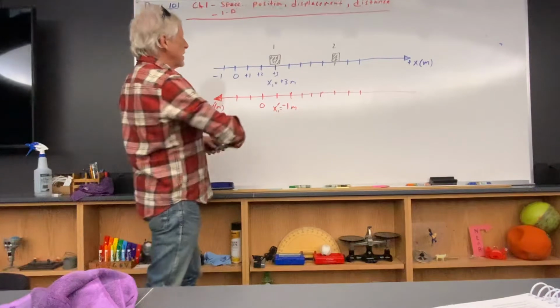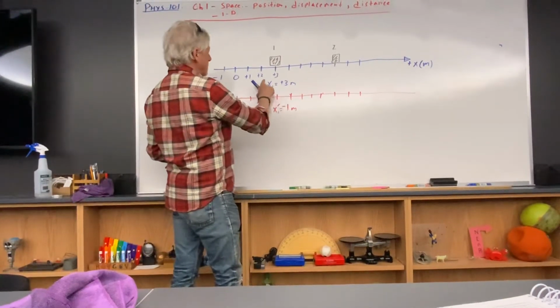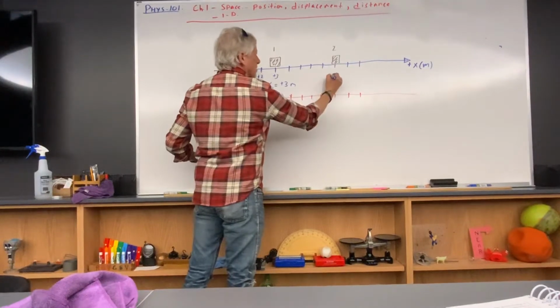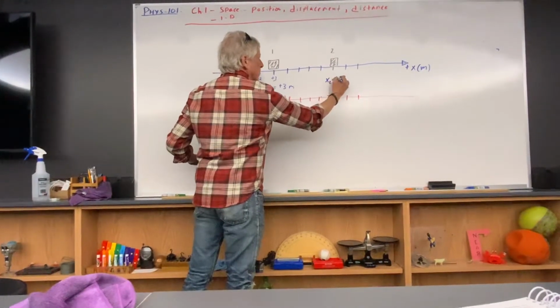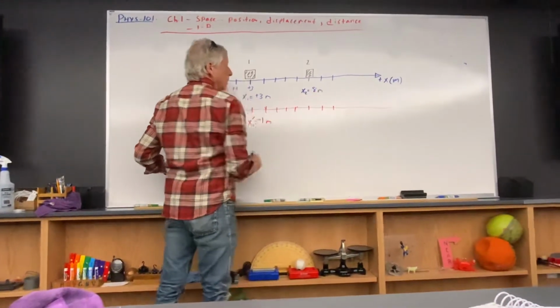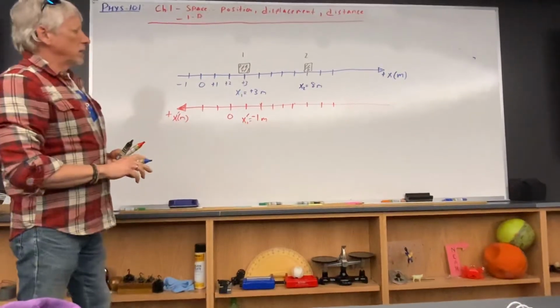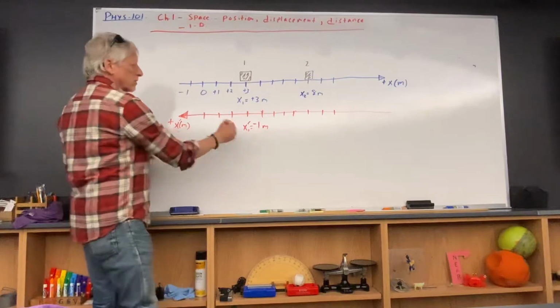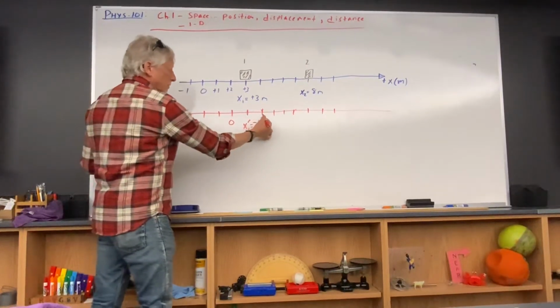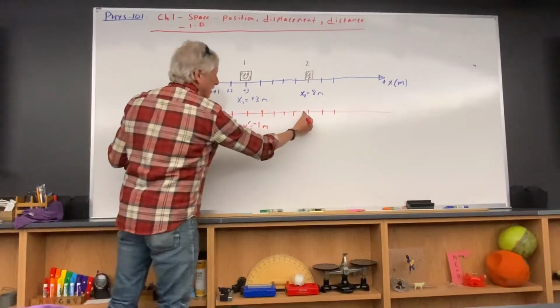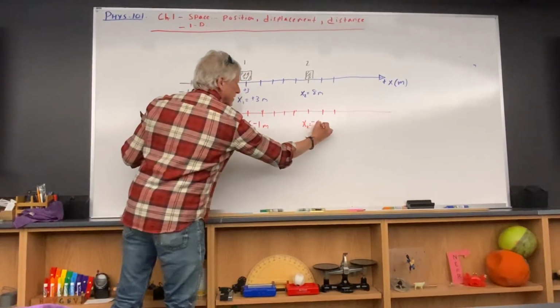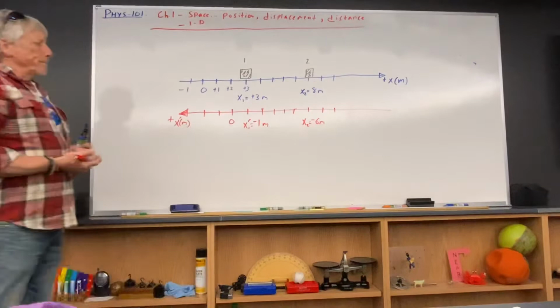And then I would say that x2 is, let's see, 3, 4, 5, 6, 7, 8. x2 is 8 meters, or positive 8 meters. But here, that's the negative, and I started here, so I'd say -1, -2, -3, -4, -5, -6. x2 is equal to -6 meters.